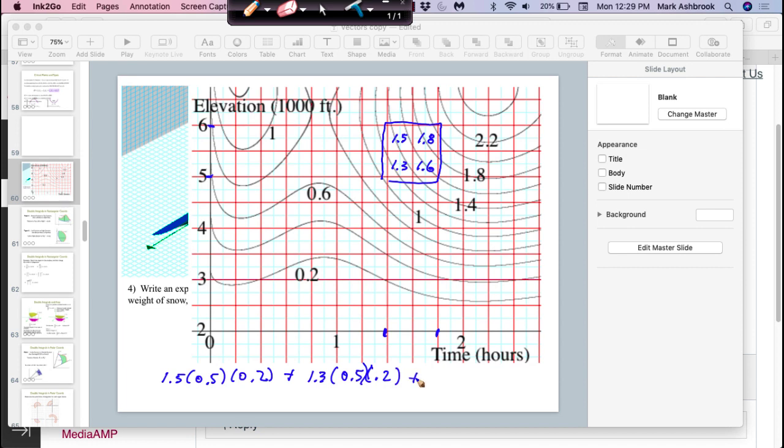So we add them all up. We're just going to add up now the changes in weight from each quarter of that original thing, and then 1.8 times the same thing, plus, and what do you get? What's that? 0.62?